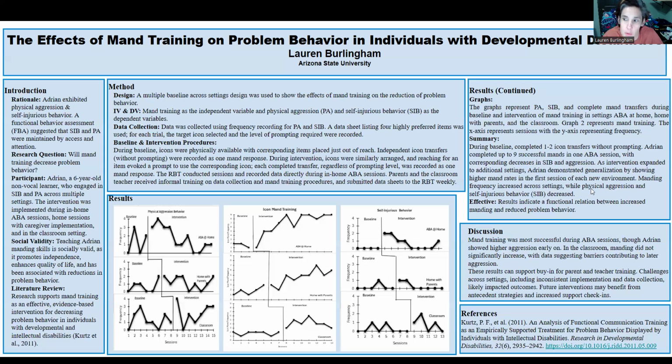So looking at a replacement behavior and a skill to teach this child, I did look at a communication assessment next. That did result in seeing that she does have the matching skills to move forward with icon training.